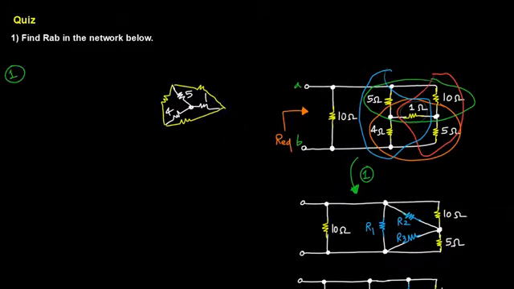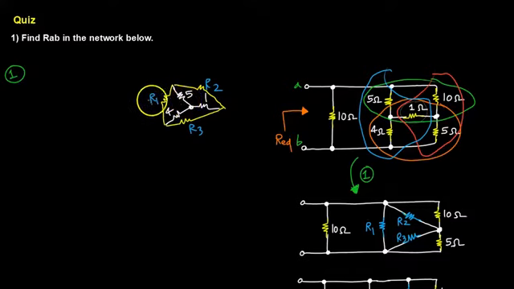I should have probably used blue, but I labeled these R1, R3, and R2. Again, it doesn't matter what we label them so long as we stay consistent with the relationship between those pairs of resistors and our original network that we want to convert from.